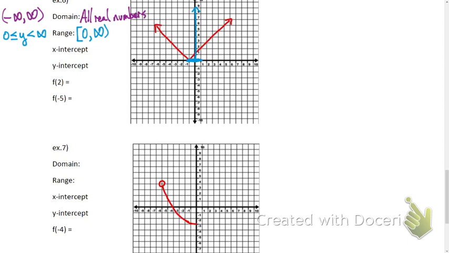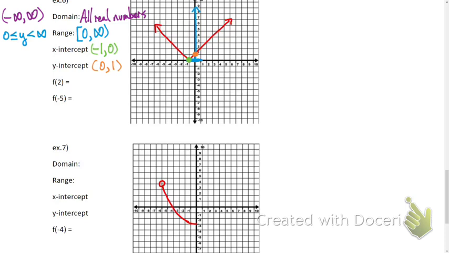All right, the x-intercept, I kind of marked over it. That is this spot right here. It's green now. That's at -1. The y-intercept, I also wrote over that. That's the orange spot. So that's 0, 1.